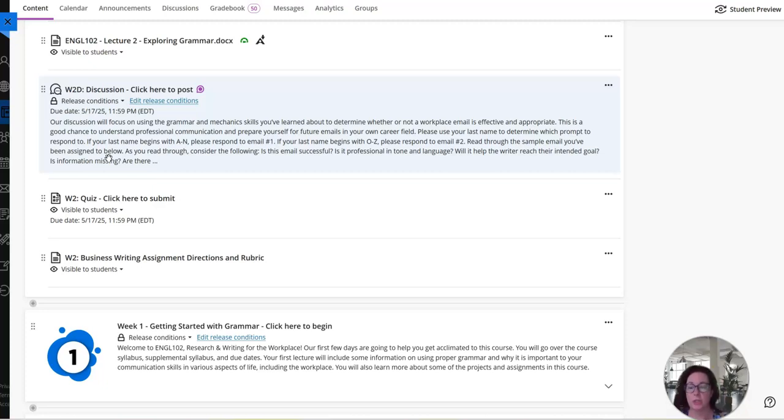You need to start with your initial post, and that is going to be 150 words or more that answers that question, and also spelling and grammar count. But the nice part in the discussion forum, there is that toolbar that can help you, there's one that'll check spelling. So be sure that you're using that.